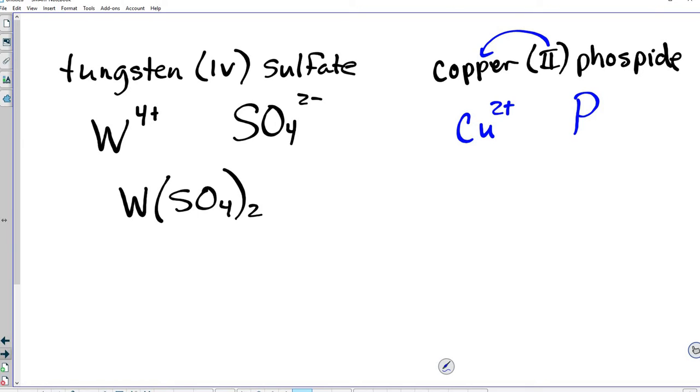How do I find the charge on phosphide? It's 3 minus because it's 3 away from being a noble gas, so it's a -3. Okay, common factor, 6. How many coppers do I need to times this by to get to 6? 3. So Cu3. How many phosphoruses do I need to have to make it 6? 2. So P2. Okay. Any others that you'd like to go over?